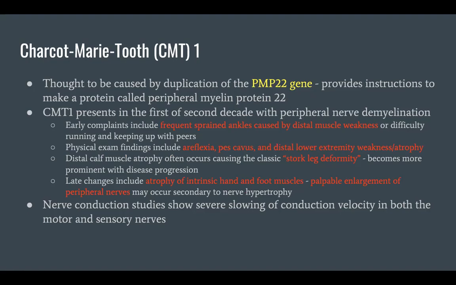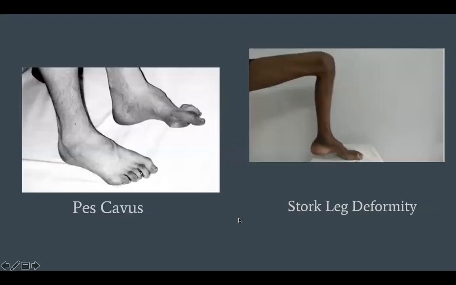So you know it's Charcot-Marie-Tooth, but you've got to also remember that gene. So that makes it a third order hard question. So here's the picture. You can see it looks just contracted. And here we've got that stork leg deformity because of the weakness of the calf.